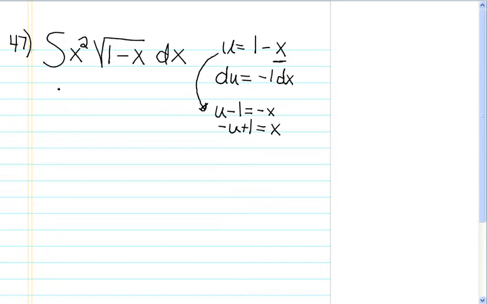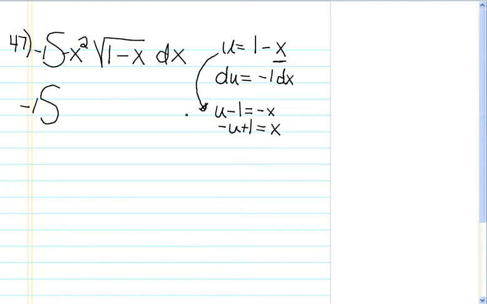So let's rewrite this now. First of all, I want to get rid of this negative 1 dx, so I'm going to make this negative 1 in here, or negative x squared, so I have a negative dx on this side. If I do that there, I have to put a negative 1 on the outside. So keep that negative 1 on the outside. Negative dx is just du.